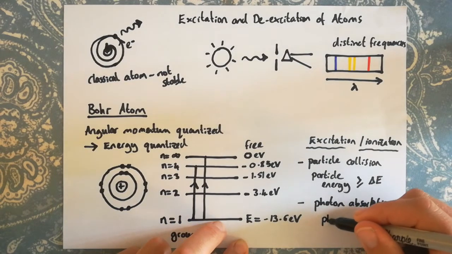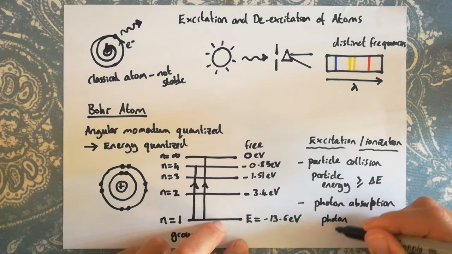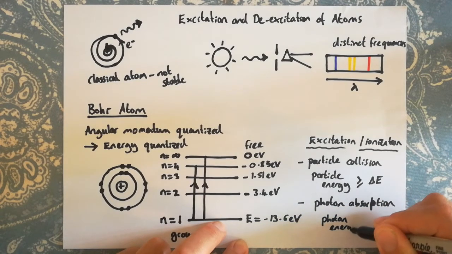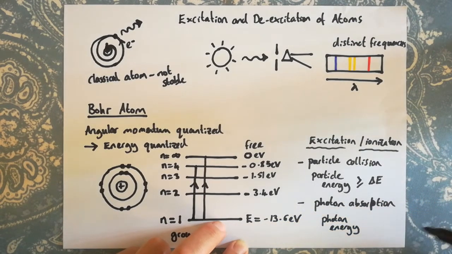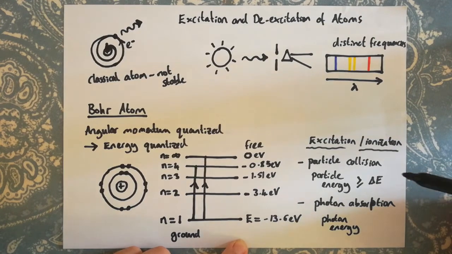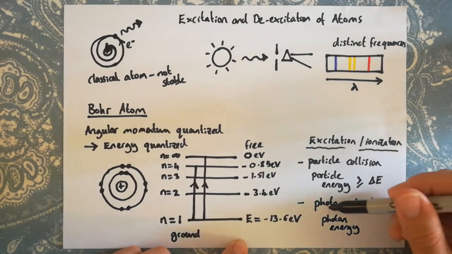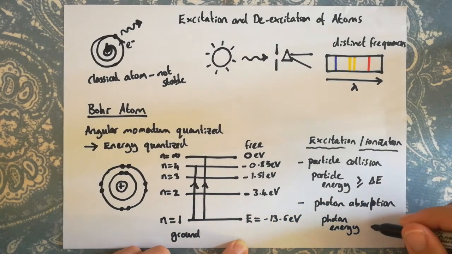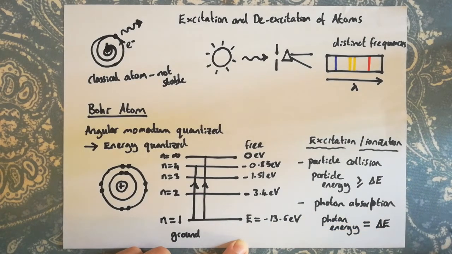Now the key difference here is a photon can't lose some of its energy. A photon either gives up all of its energy, it's absorbed and stops existing, or it doesn't. So for the case of photon absorption, we require the photon energy to be exactly equal to the change in energy of the electron.